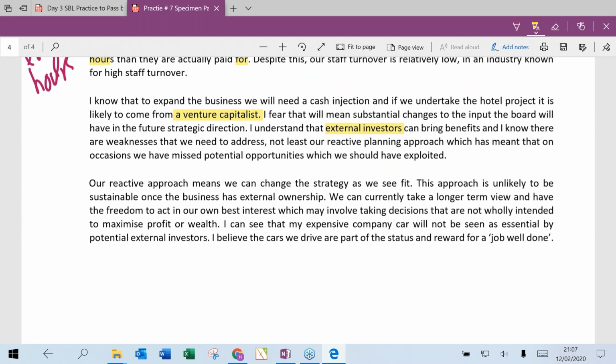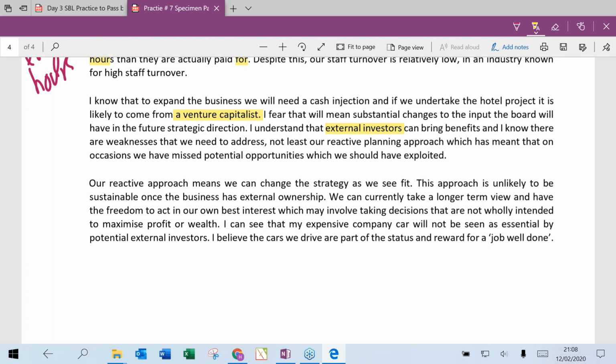Our reactive approach means we can change the strategy as we see fit. This approach is unlikely to be sustainable once the business has external ownership. We can currently take a longer term view and have the freedom to act in our own best interest, which may involve taking decisions that are not wholly intended to maximize profit. Now, something important.